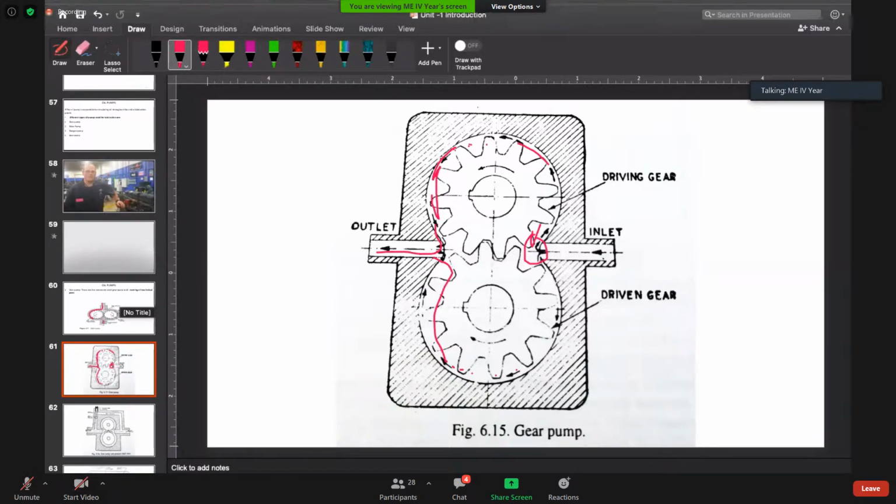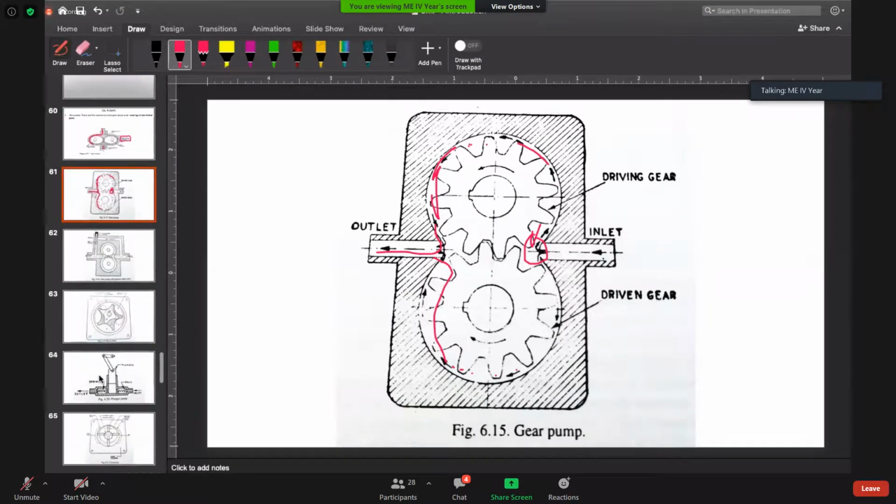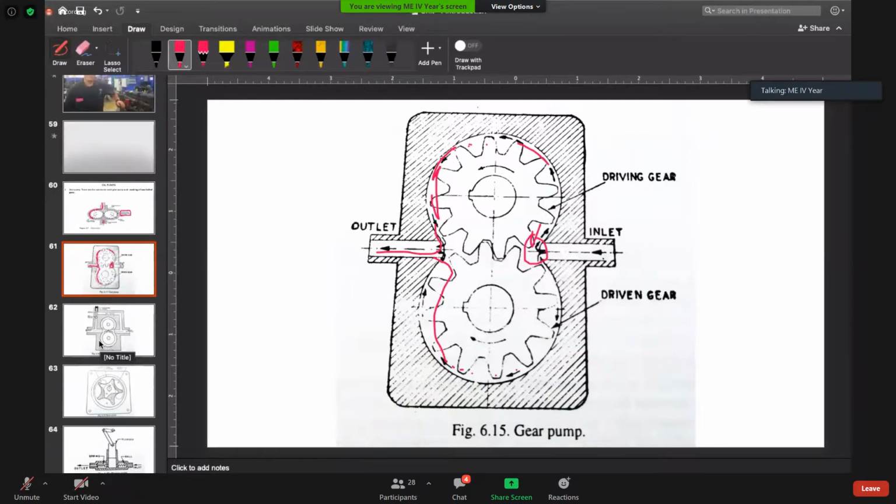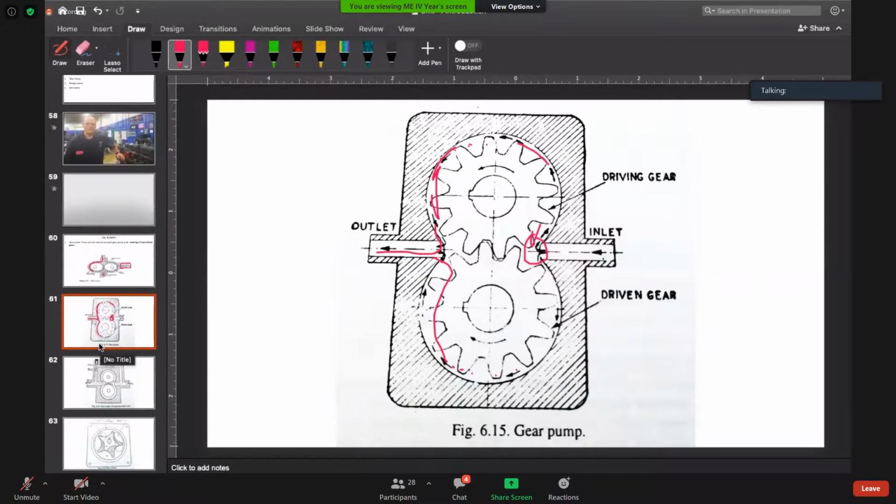Not today, the time is almost over. We will discuss these diagrams and the function of all the different types of pumps. I have those diagrams. We will discuss their working and function, and you will draw the diagrams. So that's all for today's class.